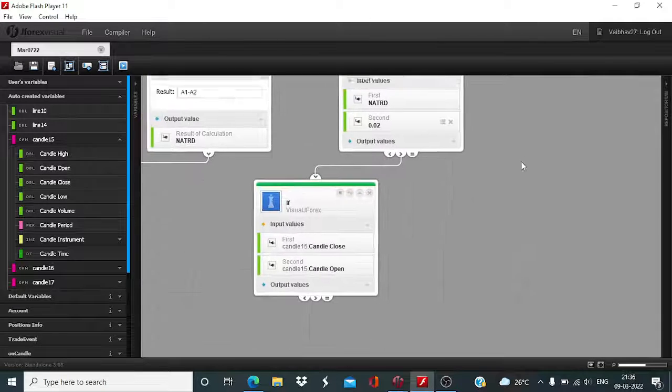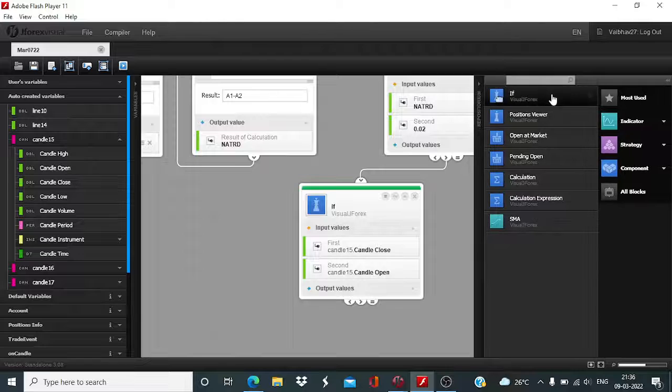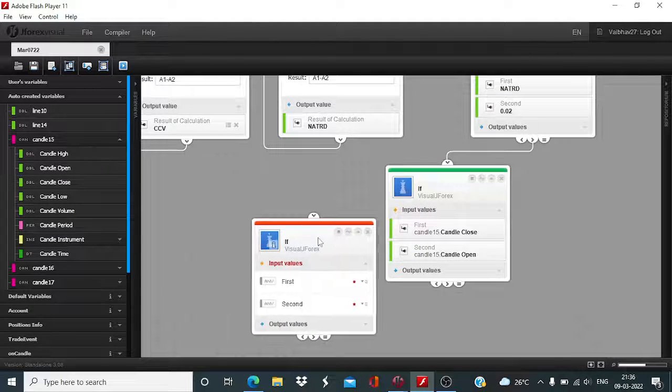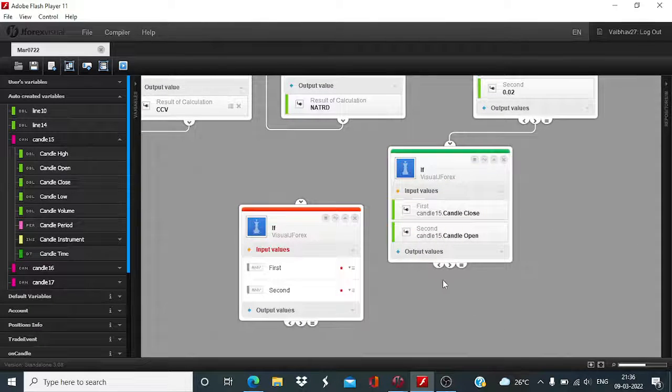So this becomes first input less than second input.